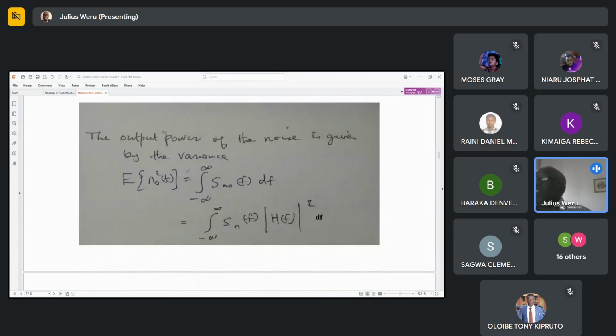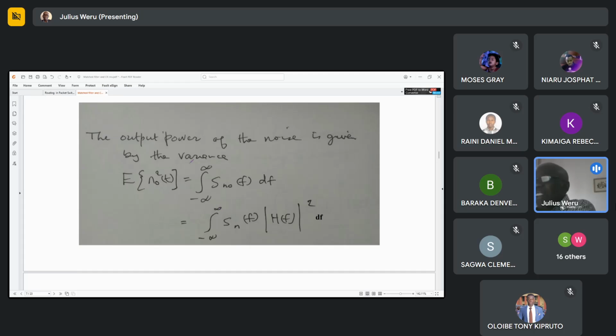So the output power of noise is given by the variance, and remember that we have seen that the variance is actually the same as the integral from negative infinity to infinity of S_n0(f) df, because it makes sense.